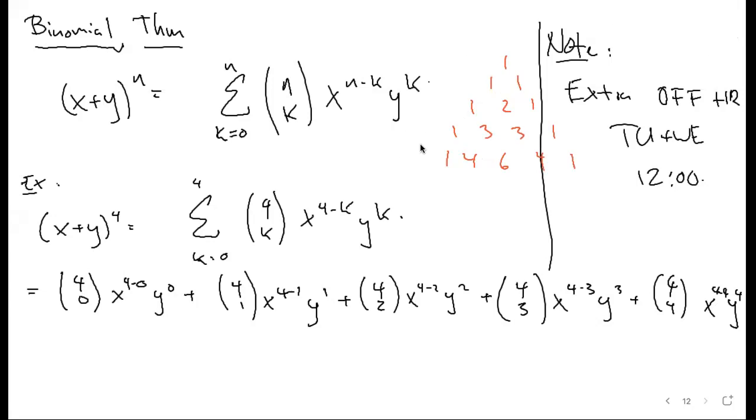So we go to the fourth row, to row 4, and that tells us 4 choose 0 is going to be 1. 4 choose 1 is going to be 4.